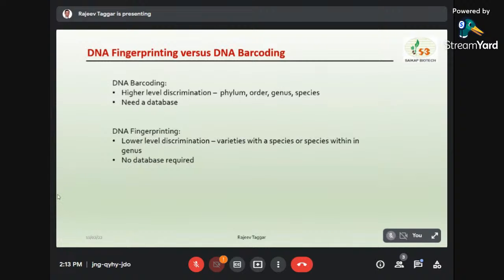And the next time somebody wants to identify any plant, they will take a leaf section, extract DNA, look at those parts of DNA from that segment, and feed that into the database. They will compare it with the database, and the database will say, well, we have seen this sequence before, and this sequence belongs to this plant, and this is the species. And that is how the identification is done. So the bottom line is, for DNA barcoding, we need a database.